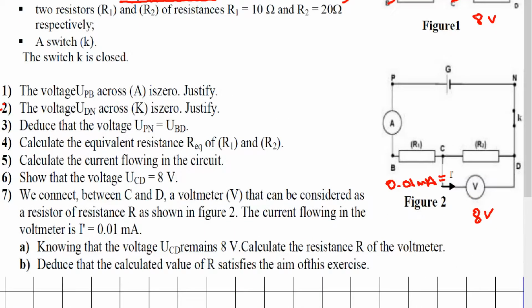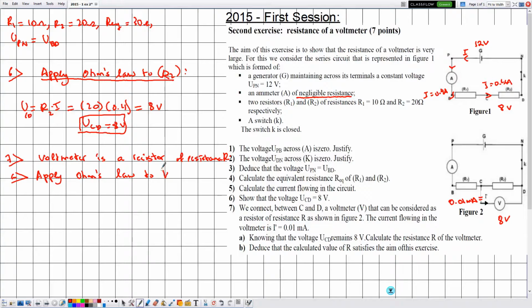We know that the traversing current is given by 0.01 milliamps and the applied voltage, which is given by UCD across the voltmeter, is 8 volts. Then this law is given by U is equal to R multiplied by I.